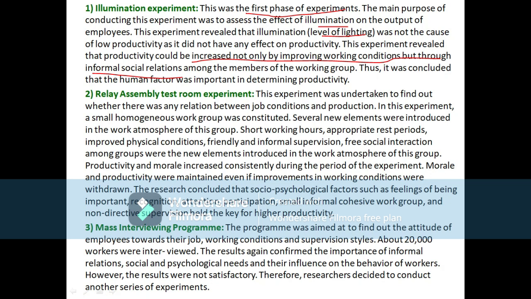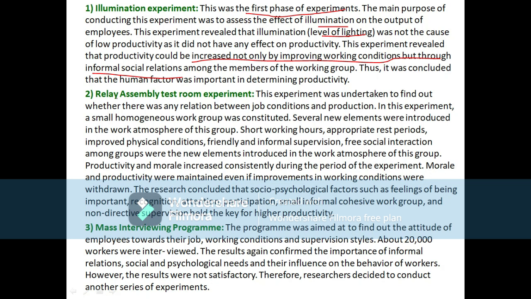After completion of the experiment, what they found out is that productivity depends not upon the level of lighting, but upon the interactions, the informal social relations, because the superiors who headed them maintained good informal social relations with the workers there. This created more impact than the light. That is the ending point of the illumination experiment.